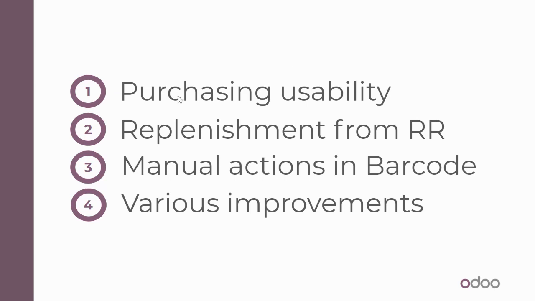The major change of this release is really the replenishment from reordering rules that can now be semi-automated, so it's not no reordering rules or fully automated reordering rules. We have some suggested reordering rules that can enable much more flexibility.